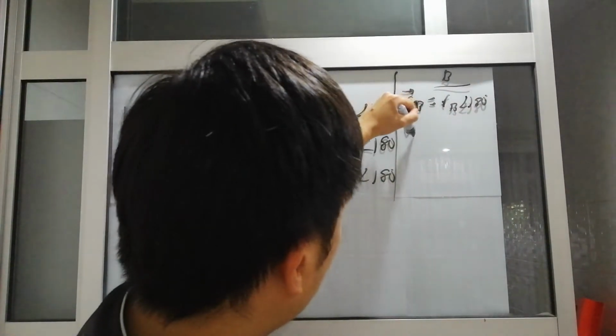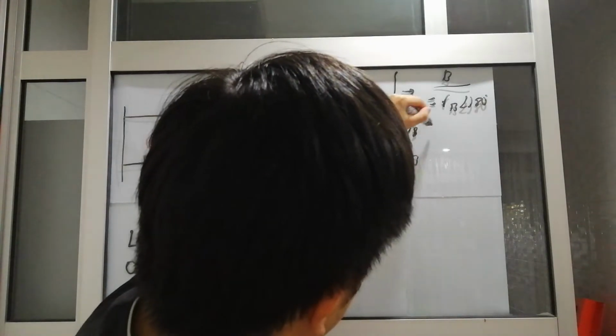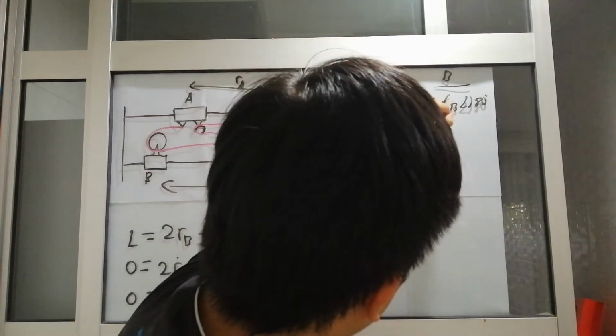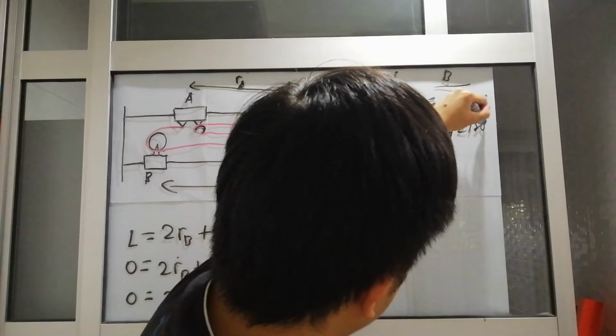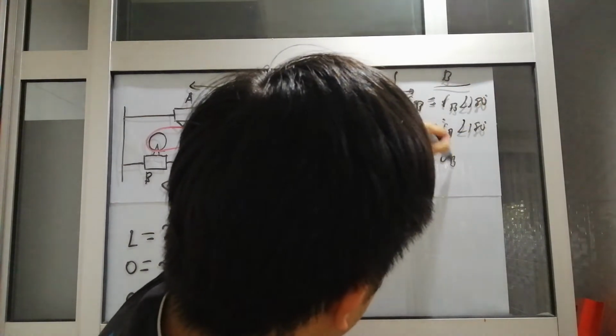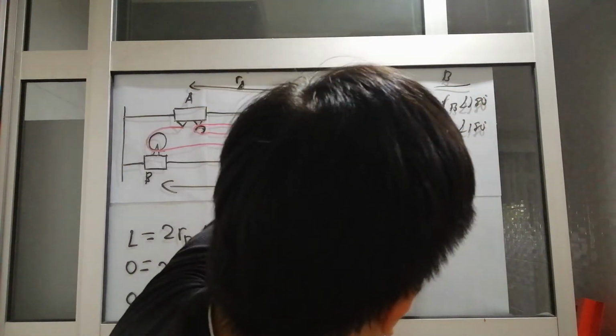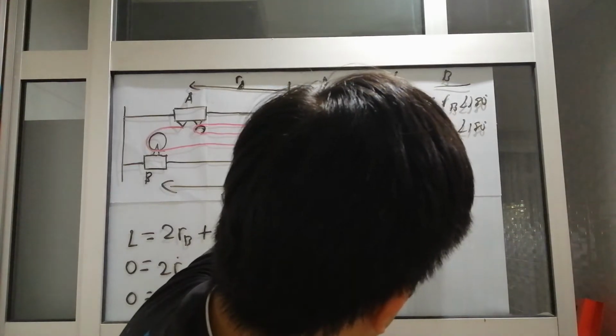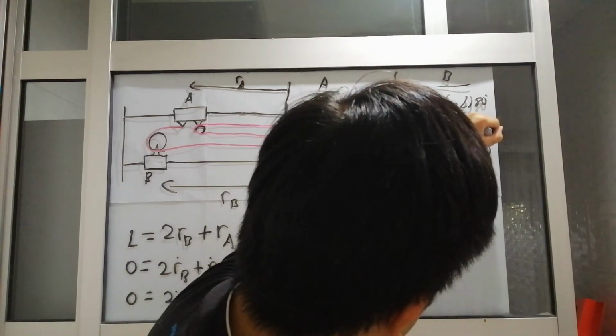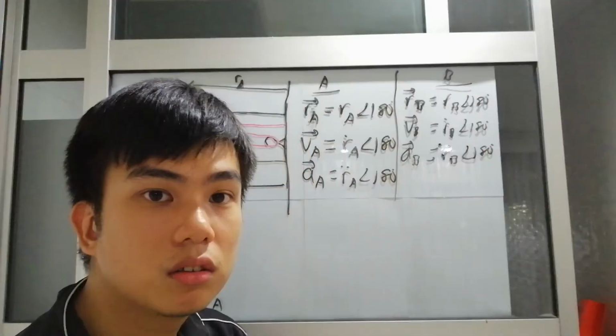But the velocity and the acceleration is all 180. Why is it so?